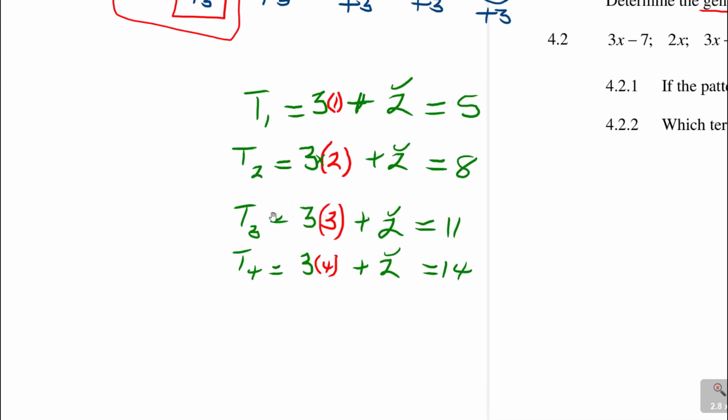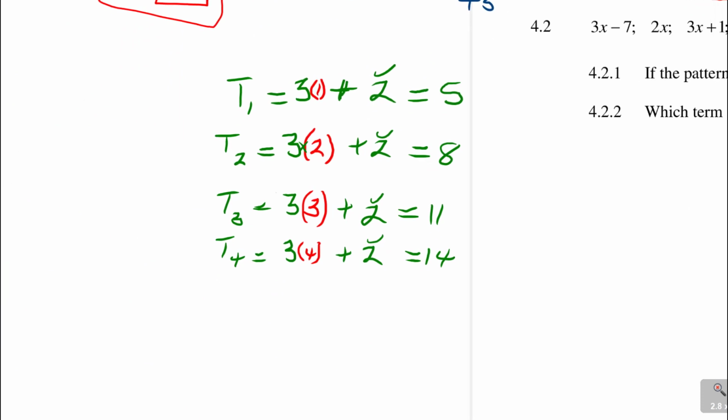So what you do now, pay attention now. Since you are looking for the general term, the general term is called Tn. So look at it. We are moving from 1, 2, 3, 4. So if I just write T, you can see the numbers that are constant. Look at this. You can see that 3 was constant.